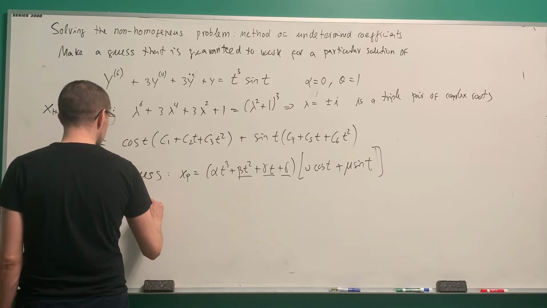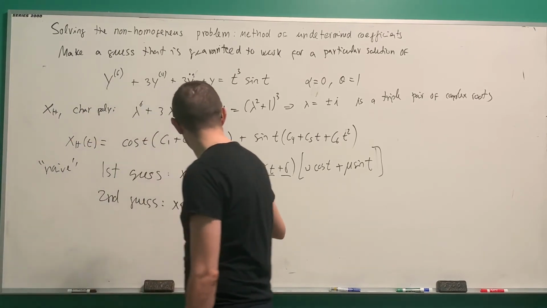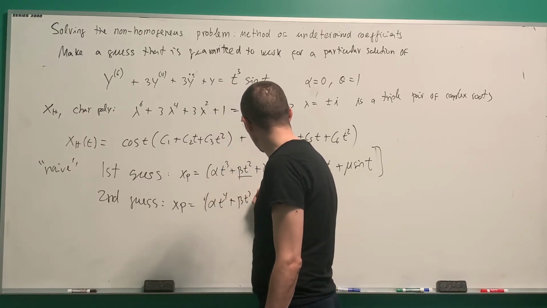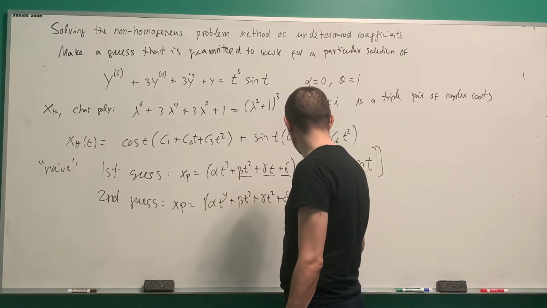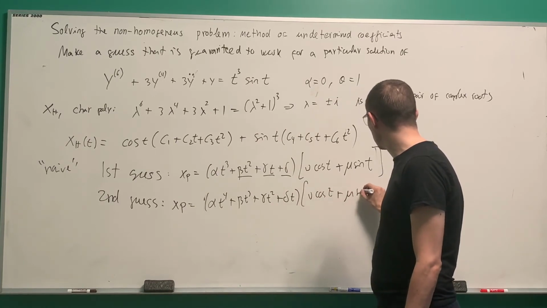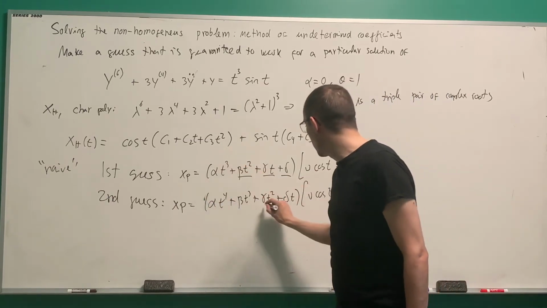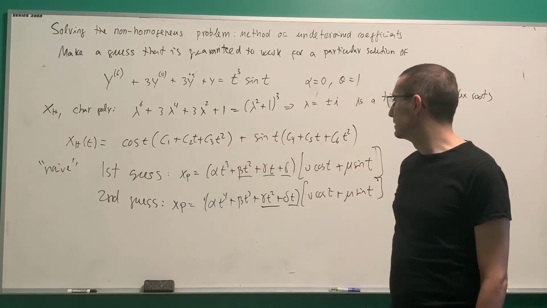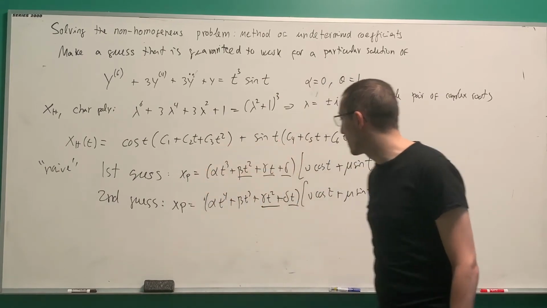Second guess: how about I upgrade it by 1 power, t times that, so alpha t to the 4 plus beta t cubed plus gamma t squared plus delta t, multiplied by nu cosine t plus mu sine of t. Would that work? No, there's still overlap. This one and this one are overlapping with these two and these two.